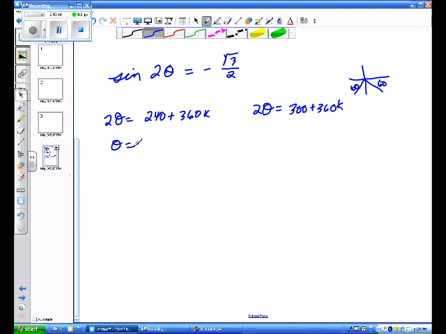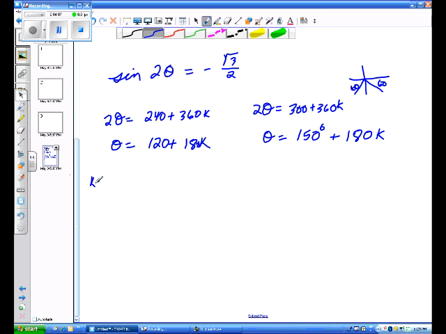So theta is 120 plus 180k, and theta would be 150 plus 180k. Now that would give you all of your answers. If you only want those between 0 and 360, since it's a 2 theta, we'll do 2 of them.